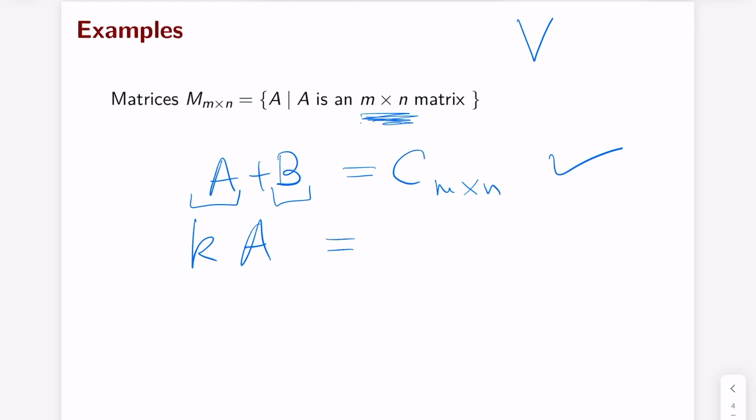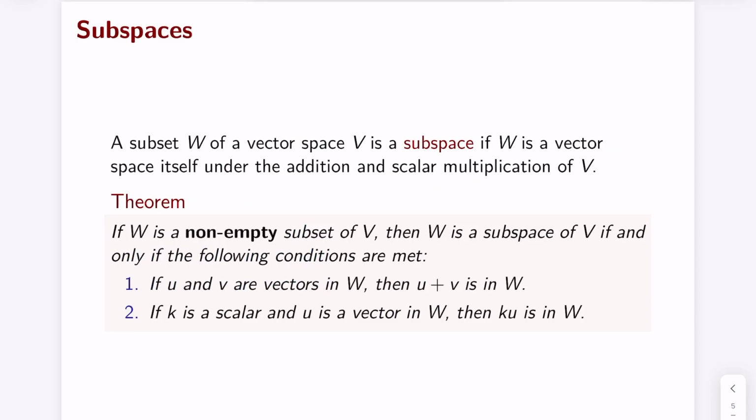And if we multiply a matrix by a number, that also belongs to the same set, right? Because if this matrix was m by n, when you multiply by a number, it's still m by n. So the closure axioms are satisfied. And you can check that all the other 8 axioms are also satisfied.